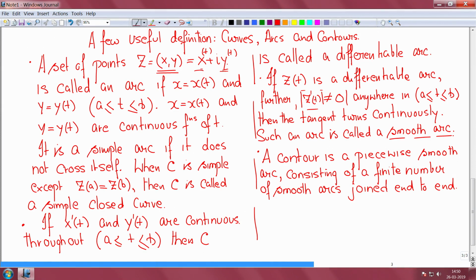Then what happens is z dash of t becomes piecewise continuous. We will take a look at this in the next page.